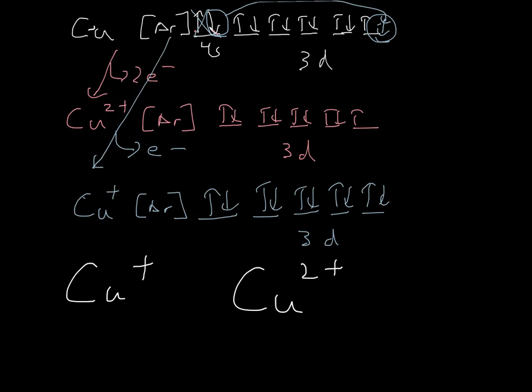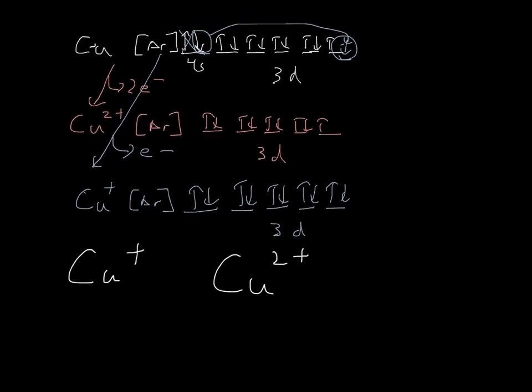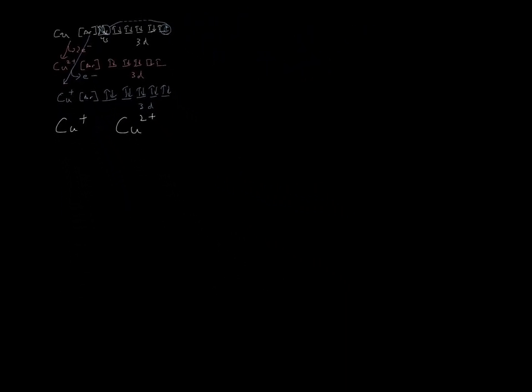Some other quick examples that I won't bother to go into the electron configuration of: another common one that likes to do this is chromium, which can do +2 or +3. You'll find vanadium +2, +3 as well.